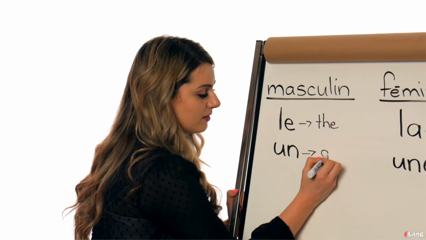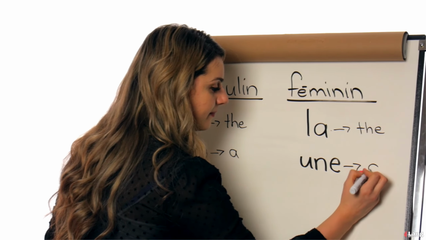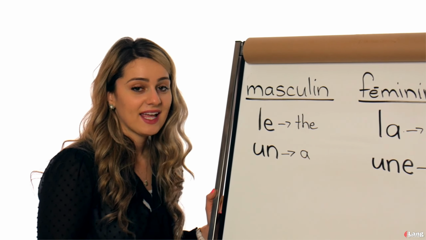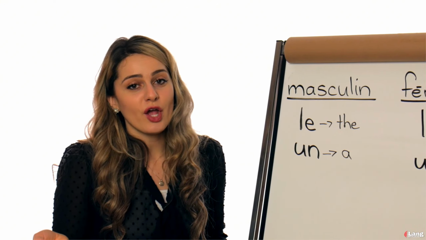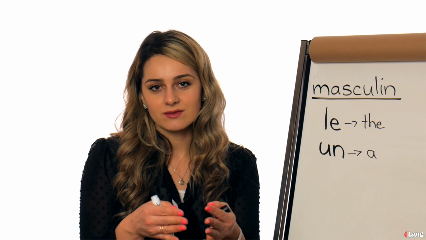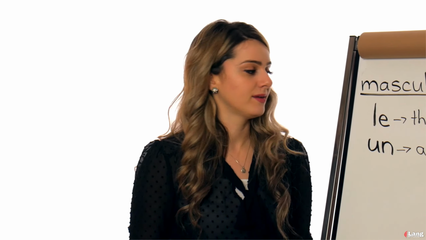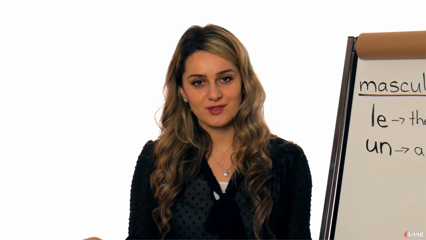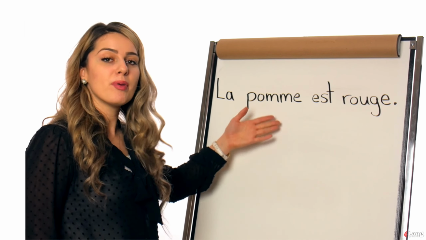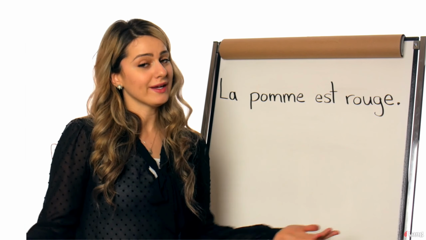Un means a, and une means the same thing. Again, when do we use un and when do we use une? Well, we have to go to the noun. So the noun, which is in French nom, will always tell you which one to use. Okay, so the next sentence is la pomme est rouge. Now, why did we use la?